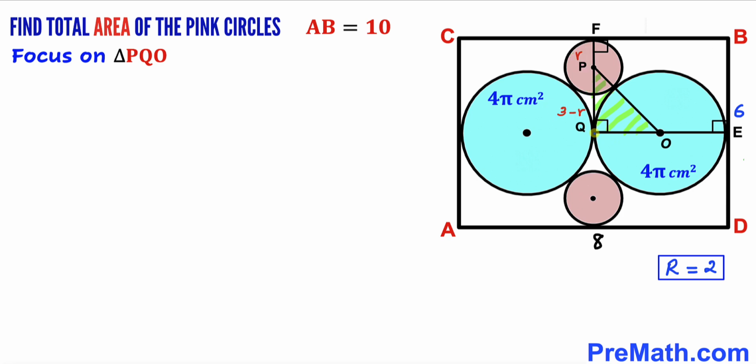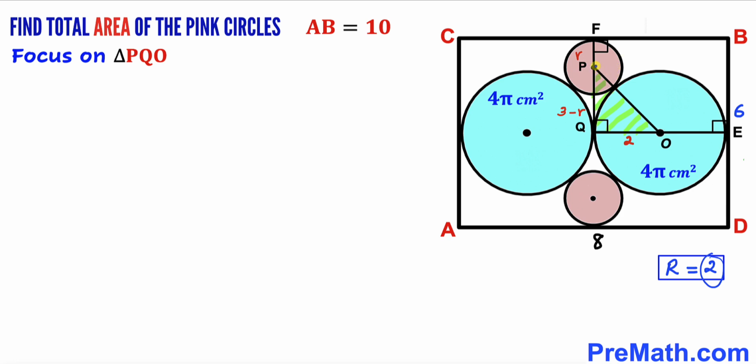And furthermore, we know this radius OQ is 2 centimeter. We already figured out. And finally, this radius is for blue circle, which is 2. And this is the radius lowercase r of this pink circle.